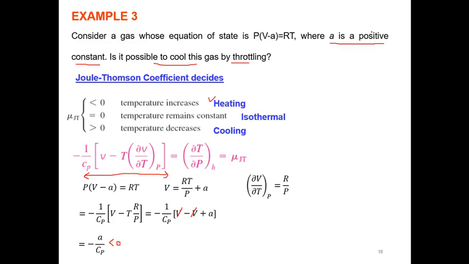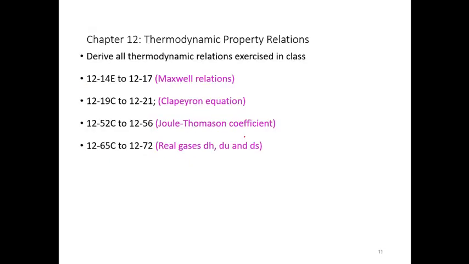If we use this gas for a refrigeration process, it is not suitable, because in a capillary tube or in a throttling process it cannot produce cooling. I hope you understand. This gas cannot be cooled by the throttling process.